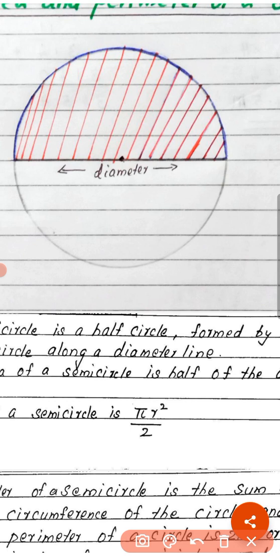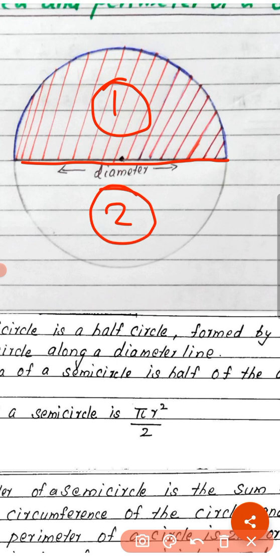So, children, this is the diameter. This diameter divides a circle into two halves. These two halves are referred to as the semicircles. These semicircles have equal area.